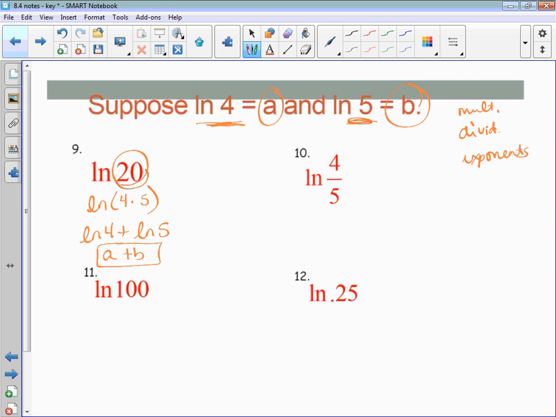Take a second, try those 3, talk to someone around you, see if you're getting the same thing, and then we'll look at them. 10 and 11 aren't too bad, 12's a little weird. You just have to think. I know, that's asking a lot.